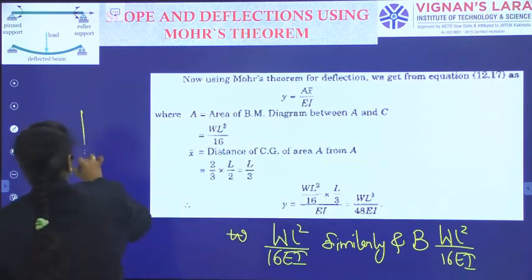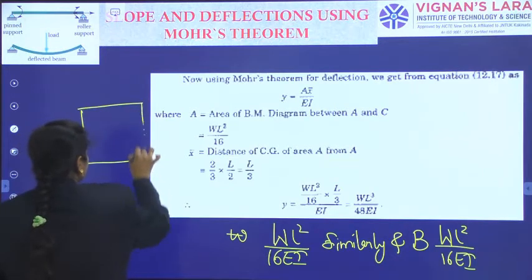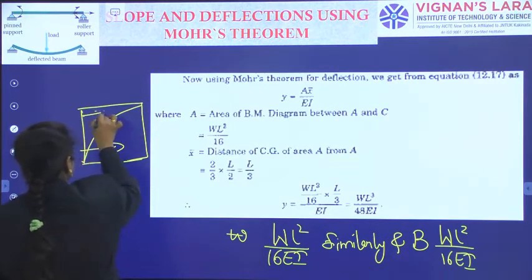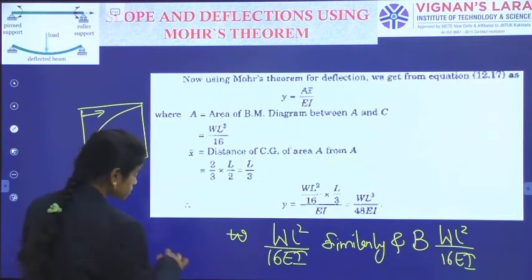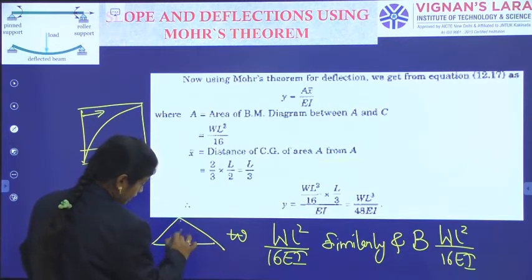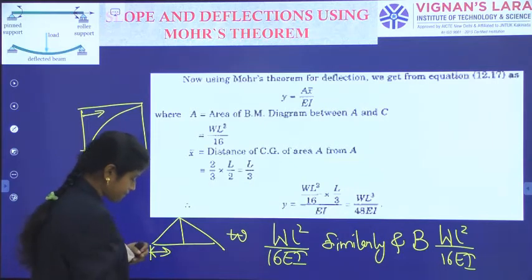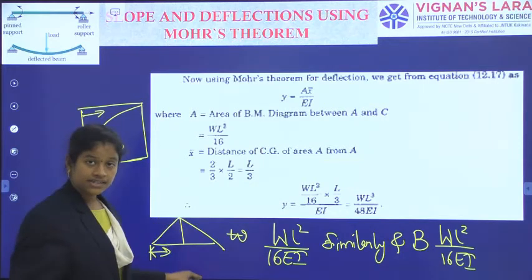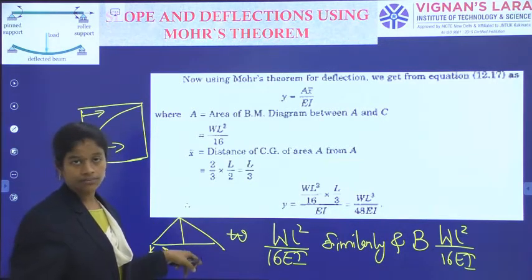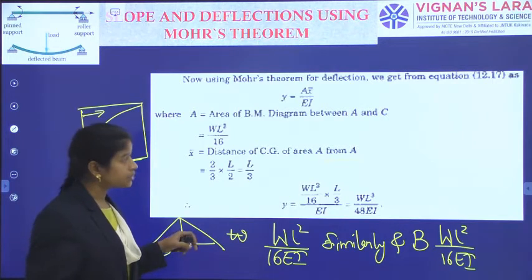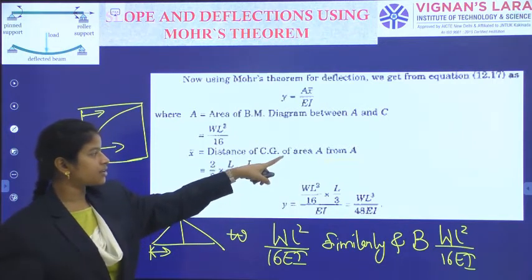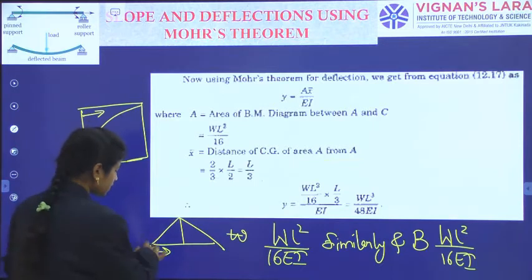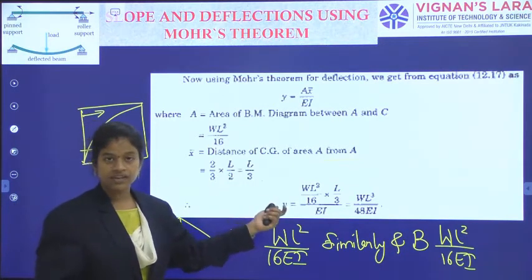That's why in our picture also they have given that answer only. See here, whenever you forget, remember that they measured from this way only. So here also, for this triangle, I am measuring from this point. So the distance of the center of gravity will also be measured from this point: the distance of the center of gravity of the area A from A is 2/3 of L by 2, which is equal to L by 3.